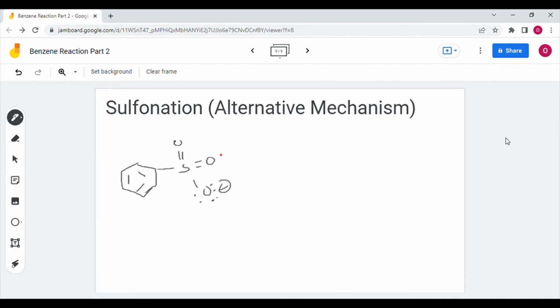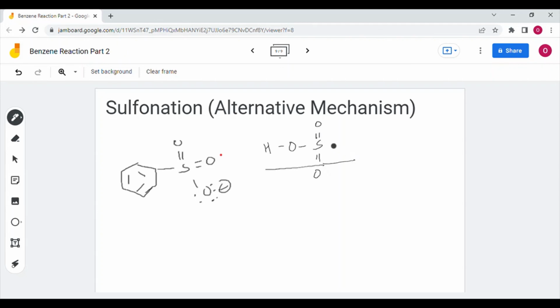So for the last step, we need to get rid of this negative charge, as I said. The way we can do so is by reacting it with H2SO4. So we always use this molecule, H2SO4, as you can see.